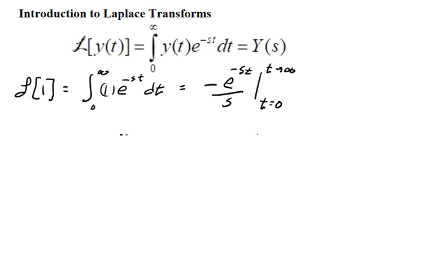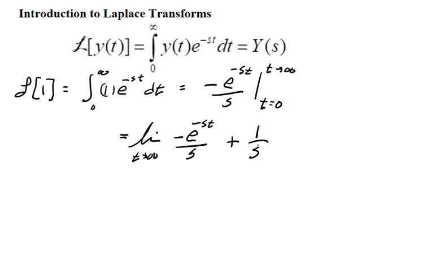We have to look at the limit as t approaches infinity of negative e to the negative st over s. And then subtract, or add in this case since we subtract a negative, e to the negative s times 0, which would just be 1. So this would be 1 over s.